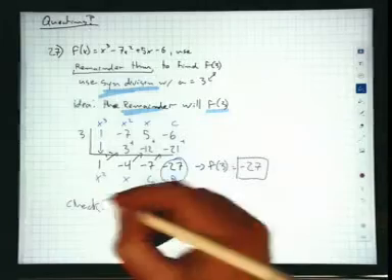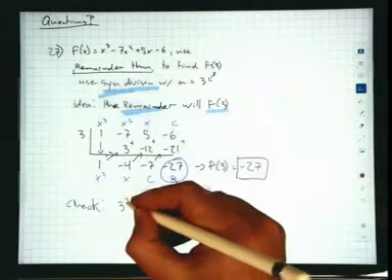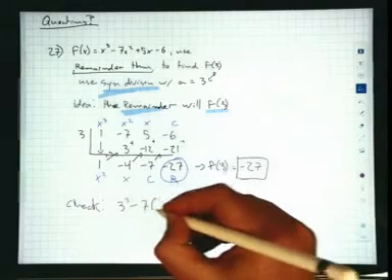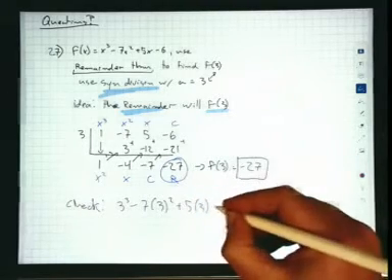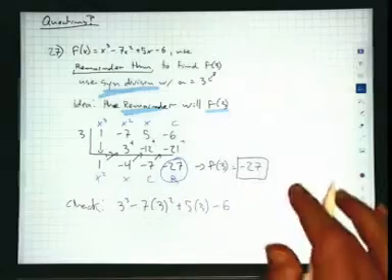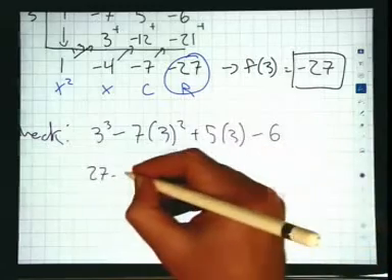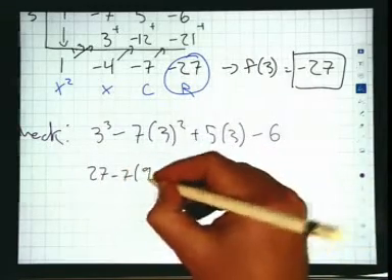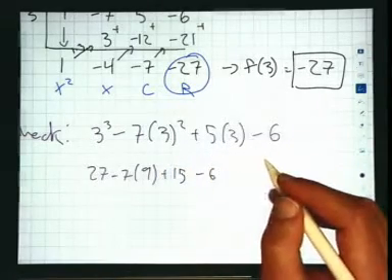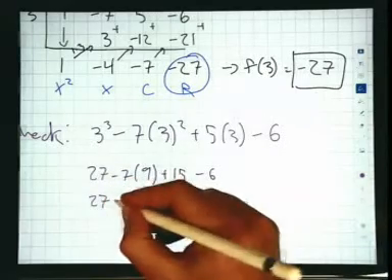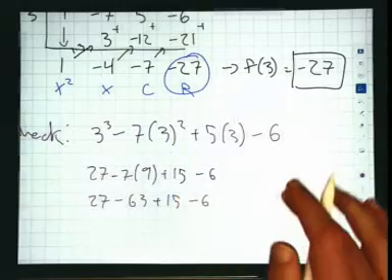Check. So I would go through and plug in 3 into my function. So that's going to be 3 to the third minus 7 times 3 squared plus 5 times 3 minus 6. Alright, so you could use your calculator. Let's do this. 27 minus 7 times 9 plus 15 minus 6. So that's 27 minus 63 plus 15 minus 6.